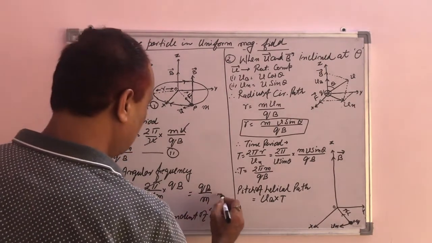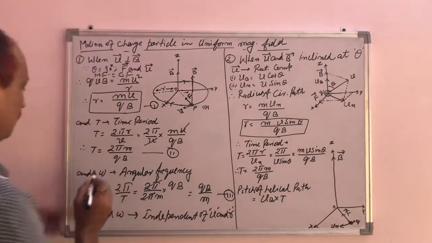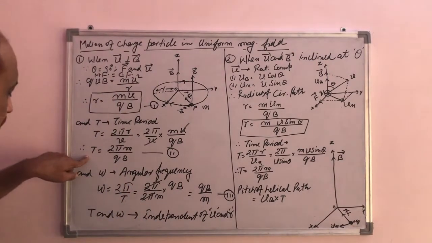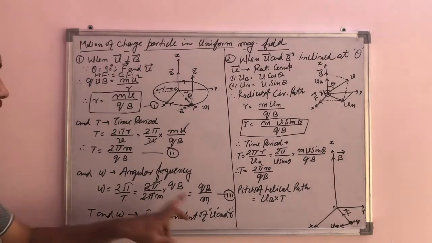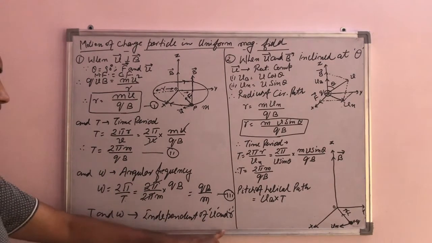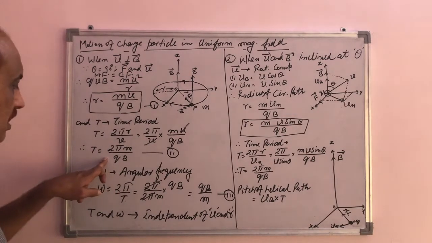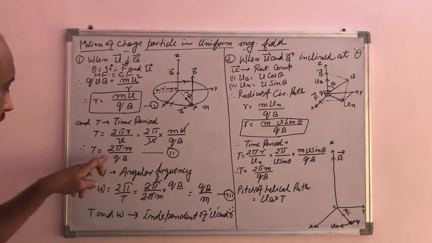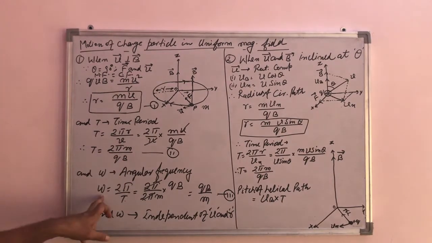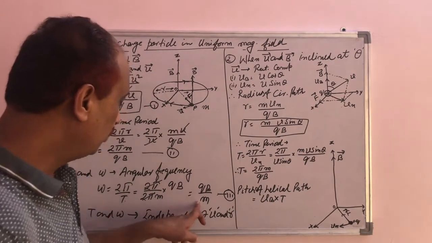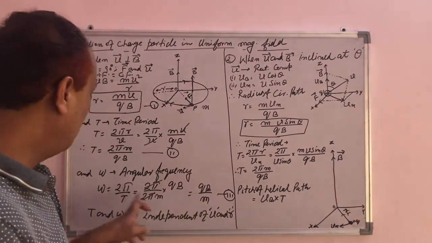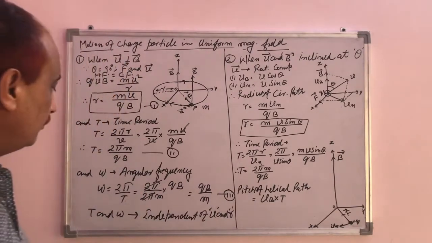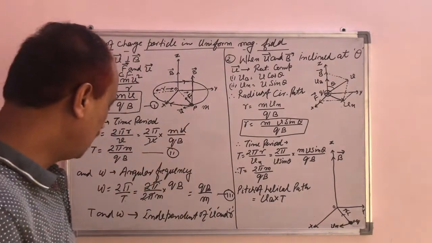From equation number 2 and equation number 3, the time period as well as the angular frequency are both independent of the velocity and the radius, because in these expressions there is no velocity v and no radius r. The angular frequency qB upon m depends only on qB upon m, where m is the mass of the charged particle.